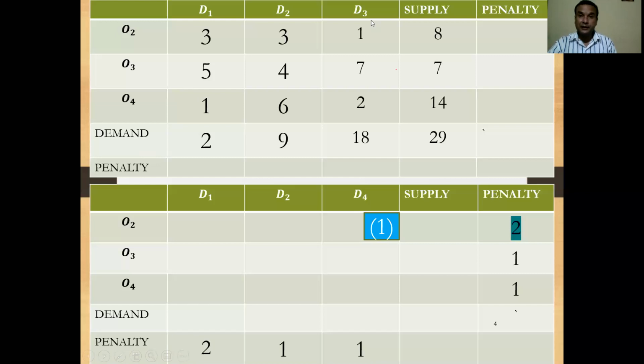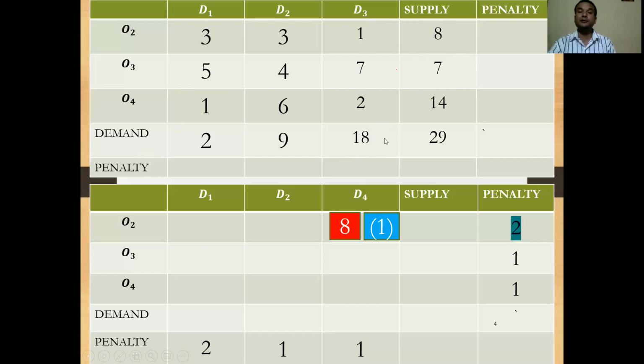In this destination 3, the total demand is 18, and in origin 2, the total supply available is 8. Means we can supply only 8, but we have 18 requirements, so we can give a maximum of 8 items to this cell.